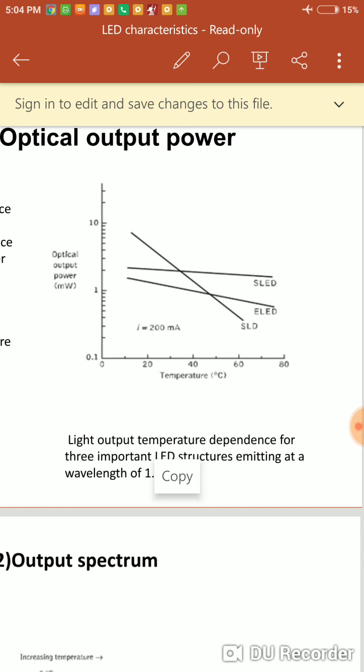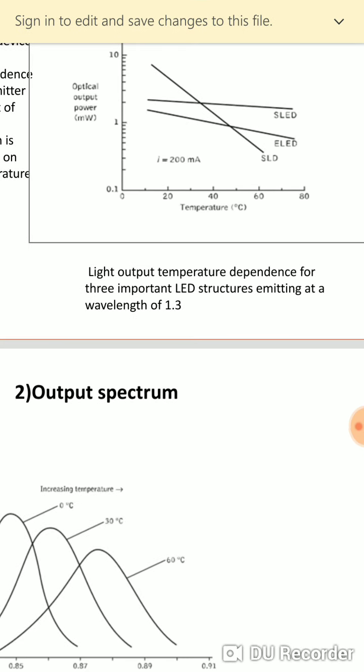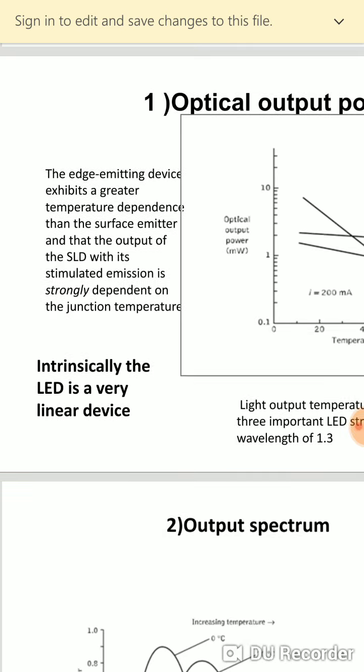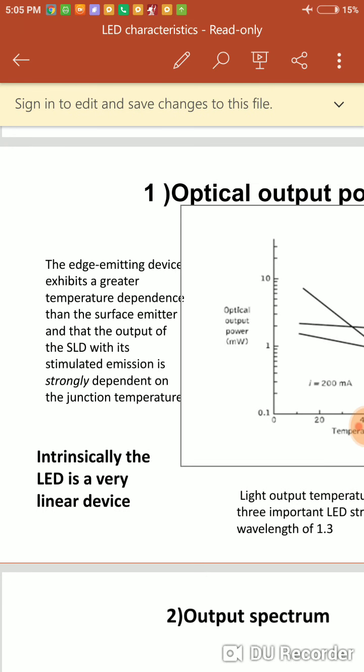If you compare these three LEDs, the surface emitting LED is less temperature dependent, the edge emitting LED is moderately temperature dependent, whereas the superluminescent LED is more temperature dependent. So in that type of LED, the output decreases more rapidly as the temperature increases. This graph is considered at the 1.3 micrometer wavelength. The same is explained here.